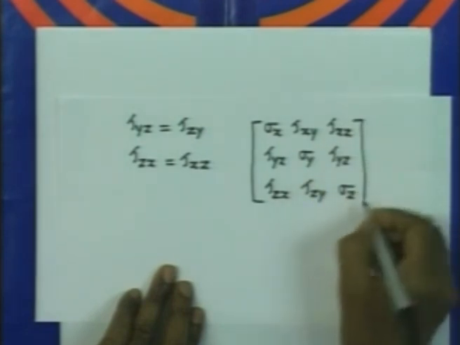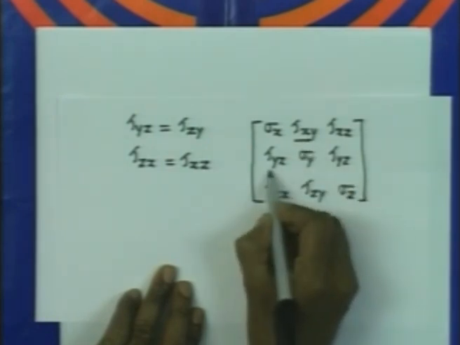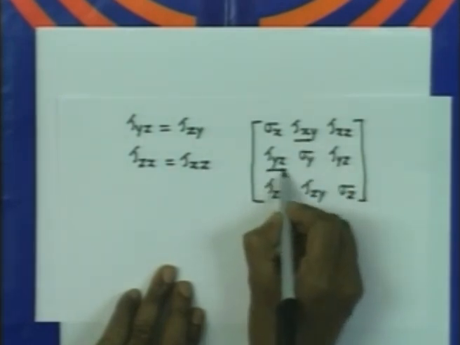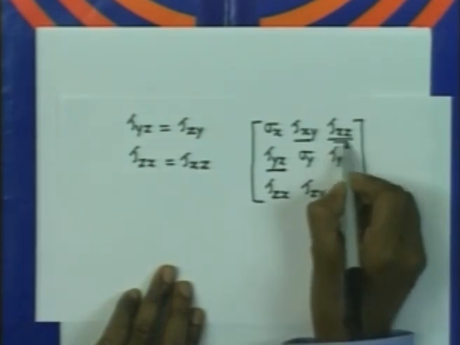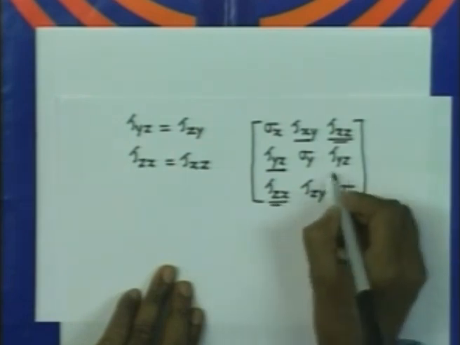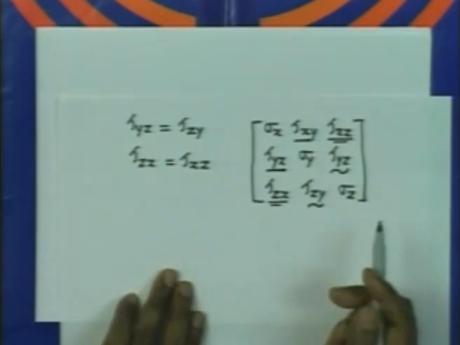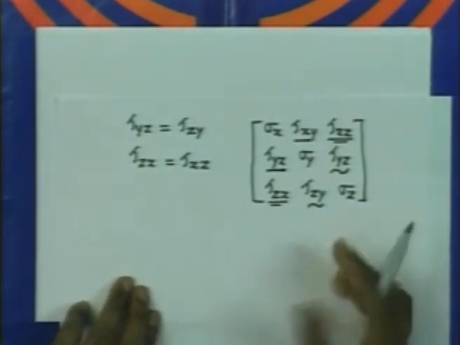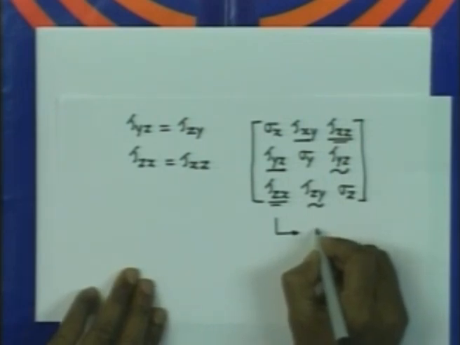So, in this stress tensor, what we find is that this component is equal to this component. So, they are equal in magnitude. Similarly, this component is equal in magnitude with this and this component is equal in magnitude with this one. So, all the off diagonal terms are having similarity and this similarity gives rise to a symmetric tensor. So, the 3D stress tensor is a symmetric tensor.